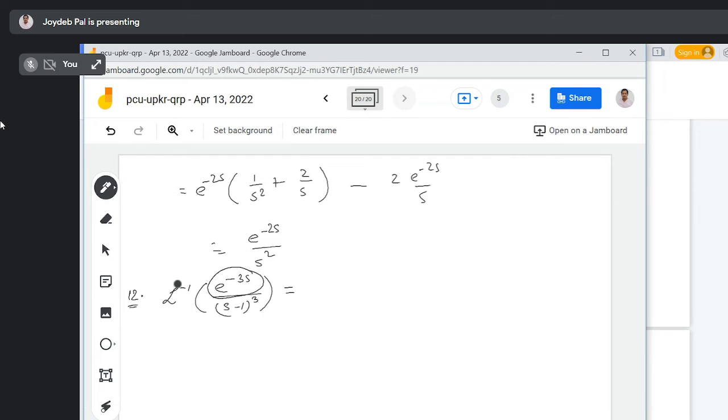Okay. If you find anywhere an e to the power minus as related term, its Laplace inverse should contain the Heaviside function. That means we have to use t shifting. Will you remember?